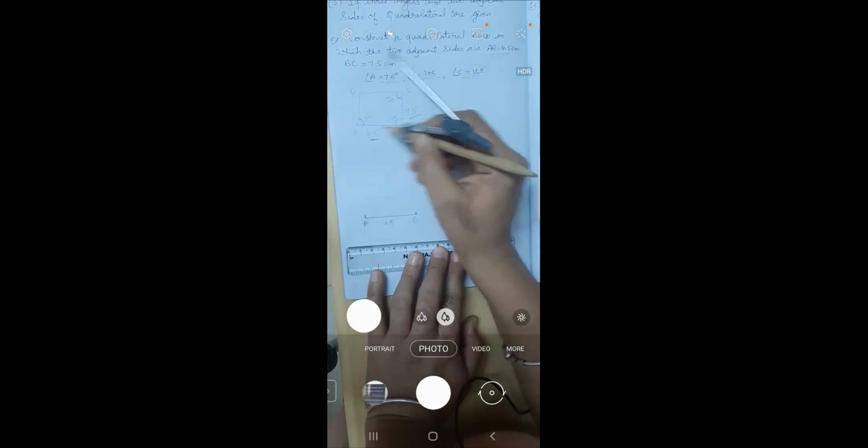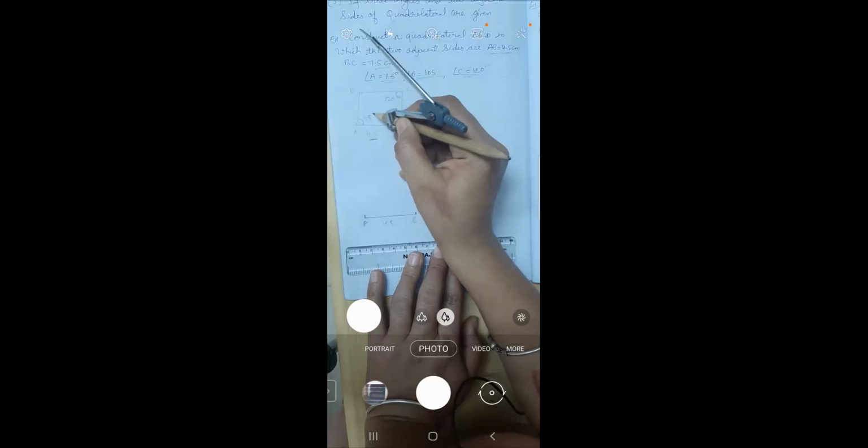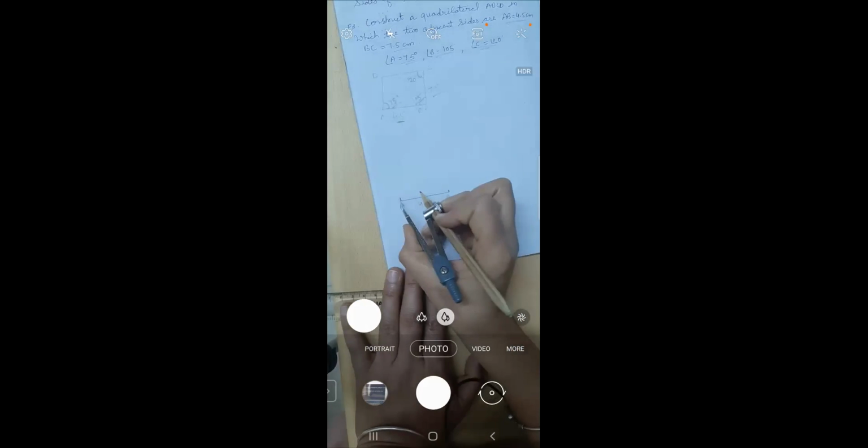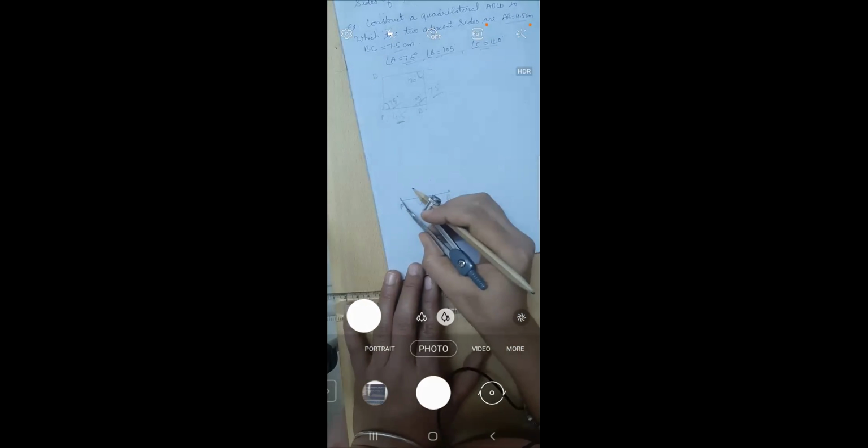Now you have to draw these angles 75 and 105 at A and B. For 75, see carefully. For constructing an angle, draw a semicircle of any radius.